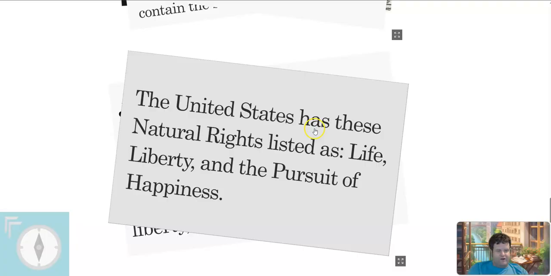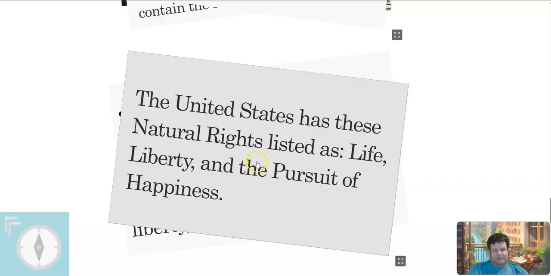Locke is very inspirational on American political philosophy and America's foundations, because while Locke listed his natural rights as life, liberty, and property, the United States is going to list these in our foundational documents as the rights of life, liberty, and the pursuit of happiness.